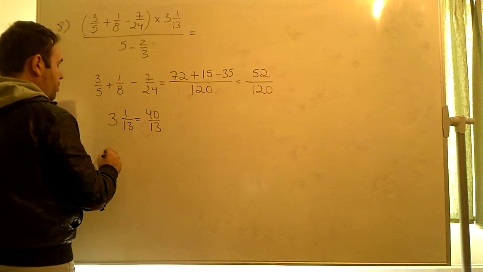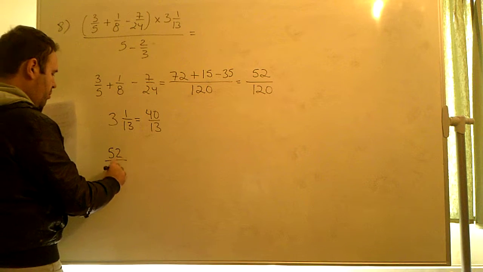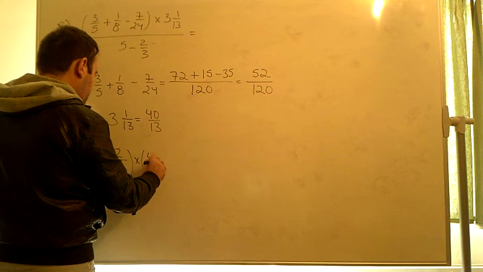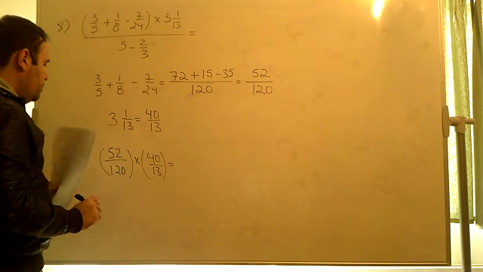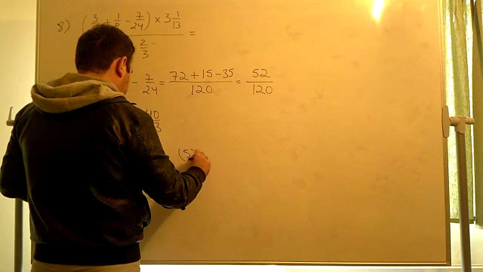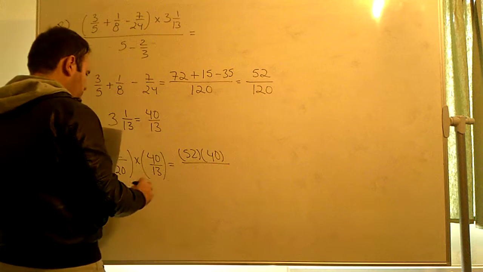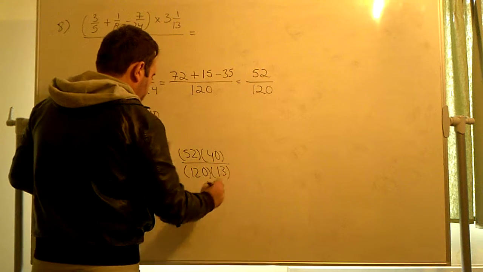So we need to multiply 52 divided by 120 times 40/13. So this would be 52 times 40 divided by 120 times 13.